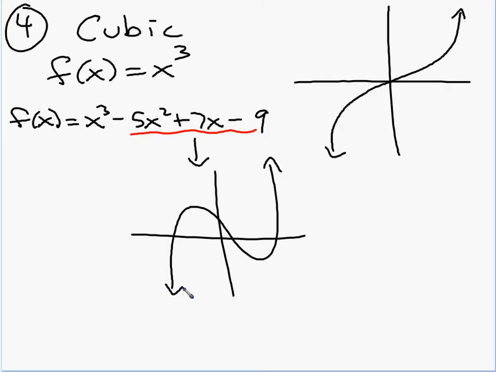Okay? So you need to have both graphs in mind when we talk about cubics. All right? Both graphs are a cubic. It just depends upon the form of the cubic.